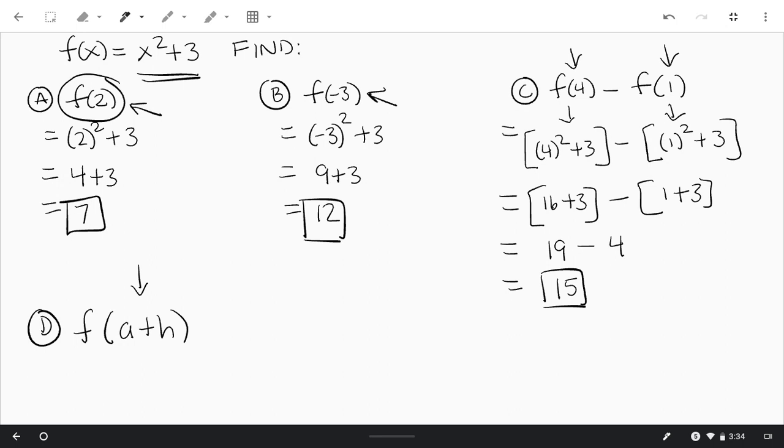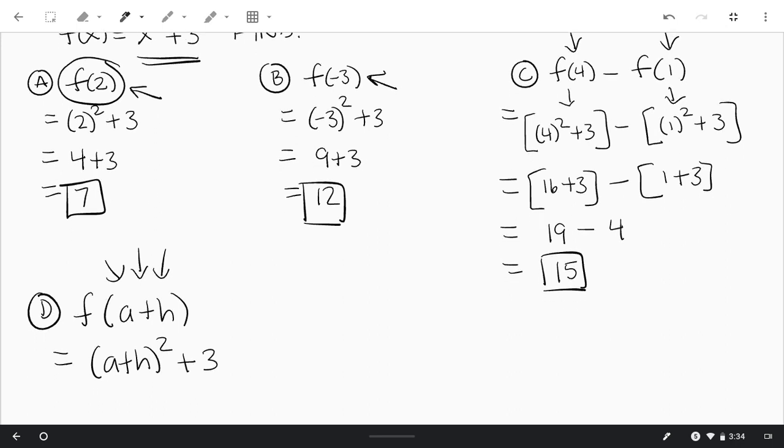Okay, now here in example D, a plus h is in the parentheses, so that's what I need to replace the x with. So I'm going to replace the x with a plus h. So it's going to be a plus h quantity squared plus 3. Okay.